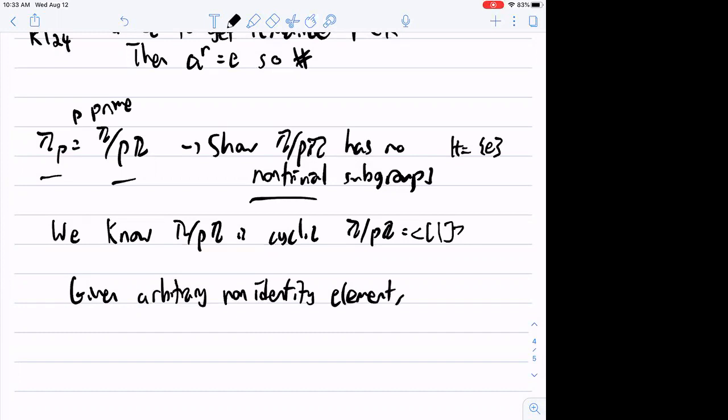I'll call it b. Because 1 is a generator, b is just 1 to some power, right? Let's call it 1 to the k. Consider the group generated by 1 to the k, right? You take all powers of it. Why is this not a non-trivial subgroup? Non-trivial also means it's not the whole group.